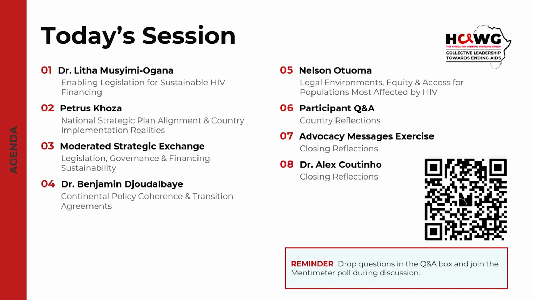The third dimension will be on continental policy coherence and transition governance. And the fourth, but not least, is the legal environments that affect populations most impacted by HIV.